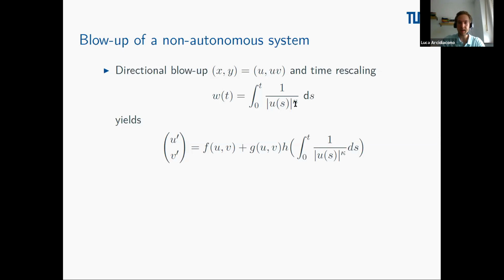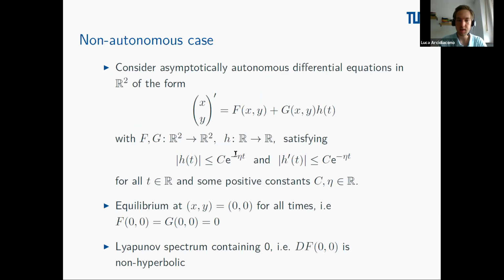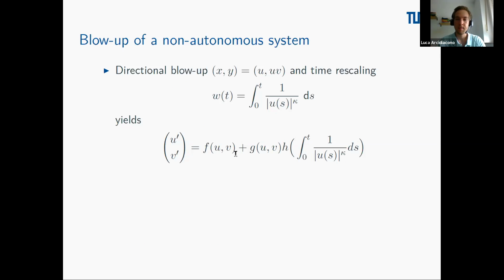What that does with our equation is that the two functions, big F and big G, that we had before are now turned into some other functions, little f and little g, which might completely depend on the structure of the equations.